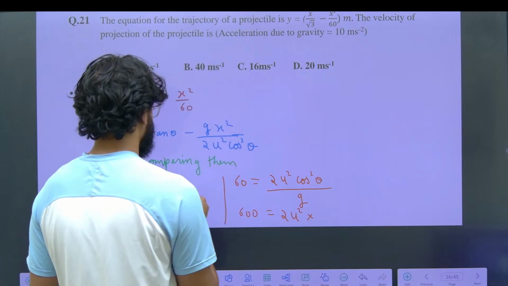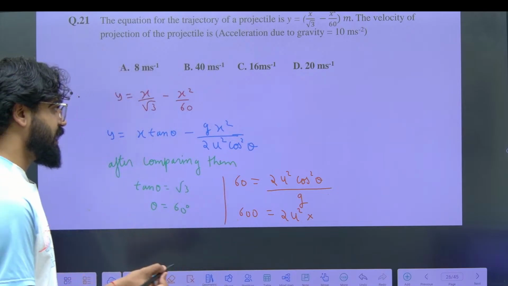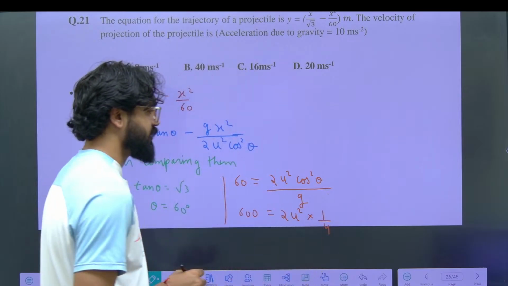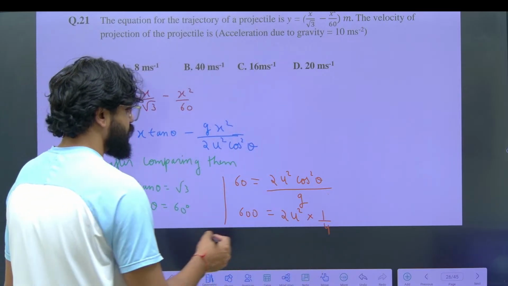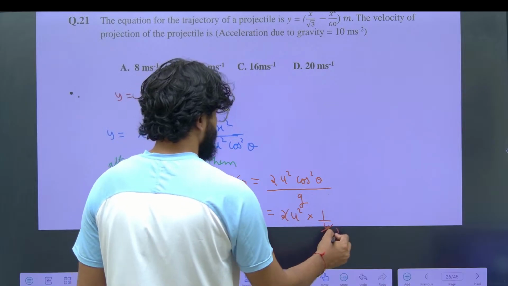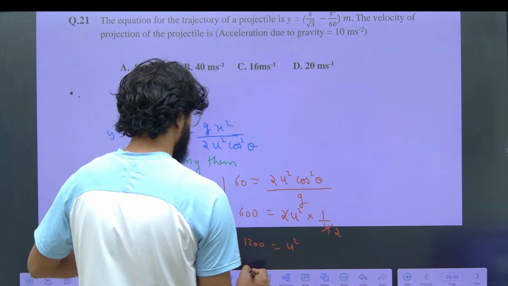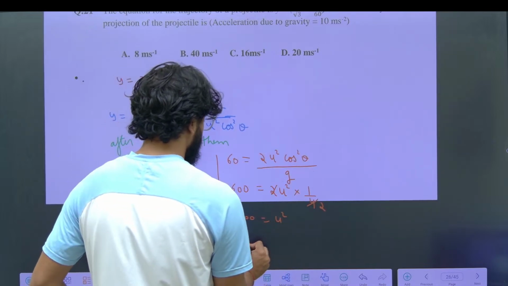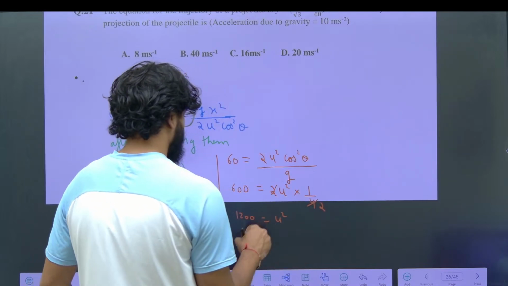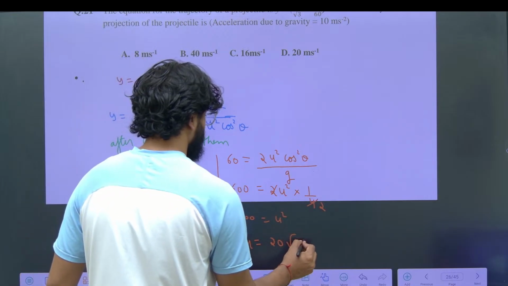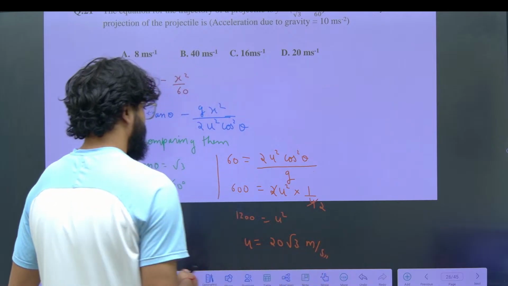Because theta is 60 degrees, cos square theta will be 1 by 4, because cos 60 is 1 by 2. So from here we get 1200 is u square, so the value of u will be 20 root 3, correct, right?